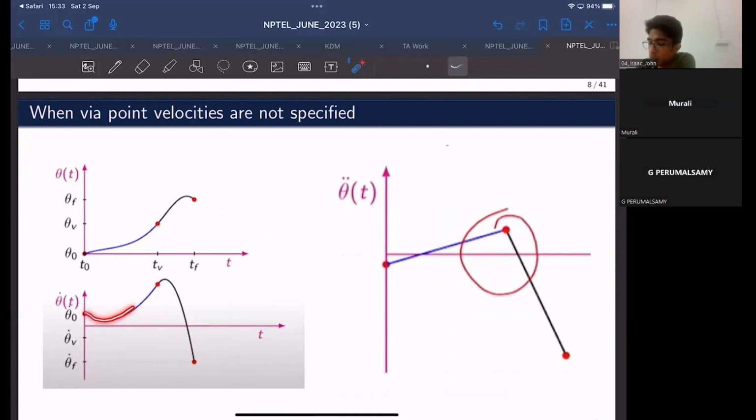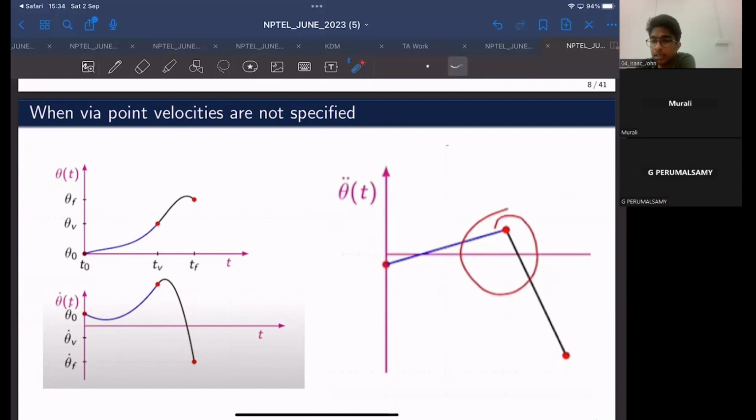So we can have a smooth flow of velocities in the velocity profile. As a result, you won't get any discontinuities in acceleration, because it is already considered that when the velocities of the via points are not specified, the final acceleration of the first segment is considered to be the initial acceleration of the second segment.